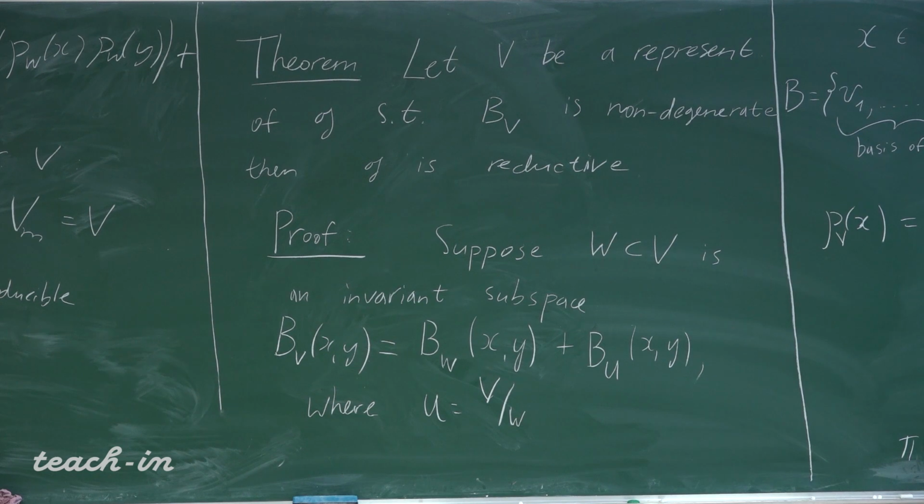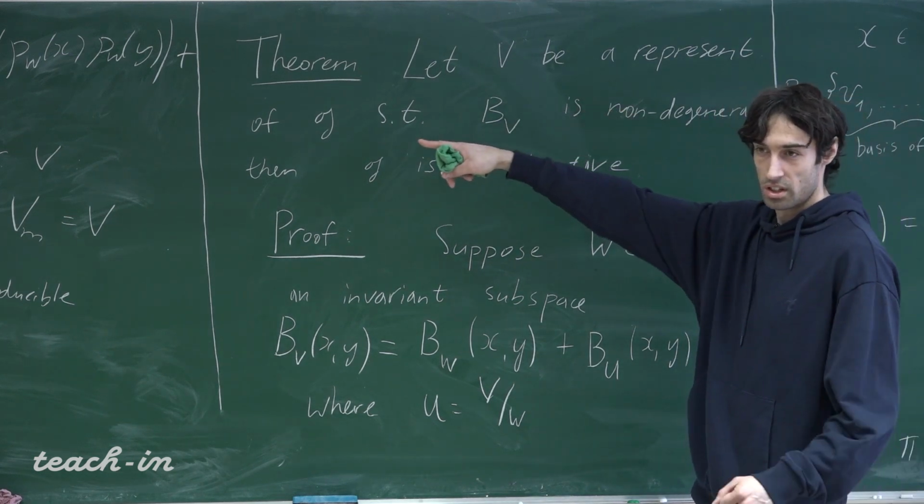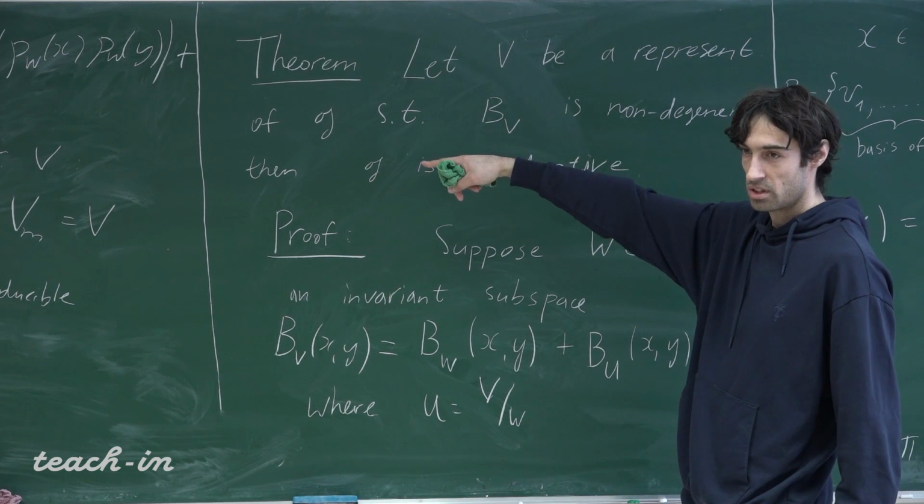Right, so we're proving that if I have a representation such that the trace form is non-degenerate, then G is reductive.